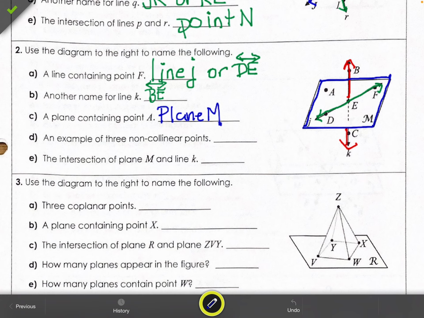Yep, it's supposed to be cursive. Squiggle. Okay, there we go. That's one correct answer. We could also use 3 of the points. Now, the only thing you have to be careful of is you don't want to call it plane DEF. The reason we don't want to call it plane DEF is because they are collinear. And to name a plane, we need to use 3 non-collinear.